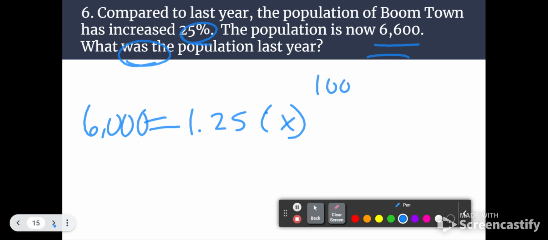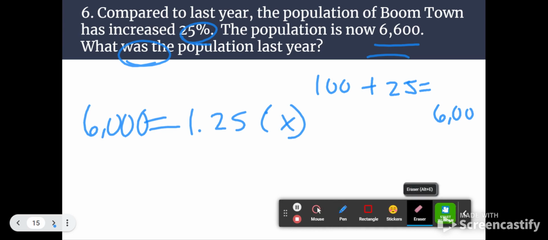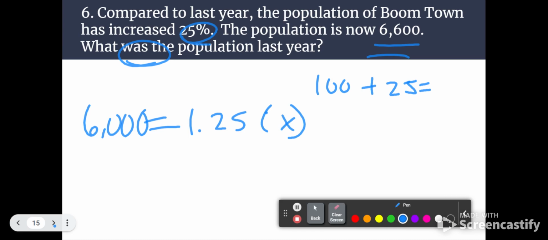Because 100%, which we don't know, plus the 25% is going to equal what our new one is. That's 125%.